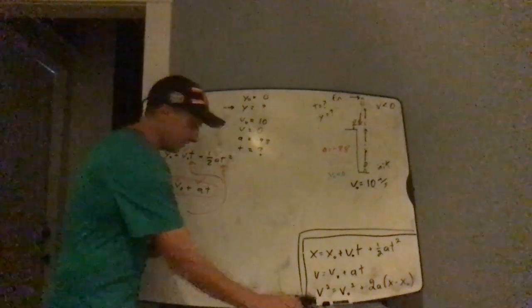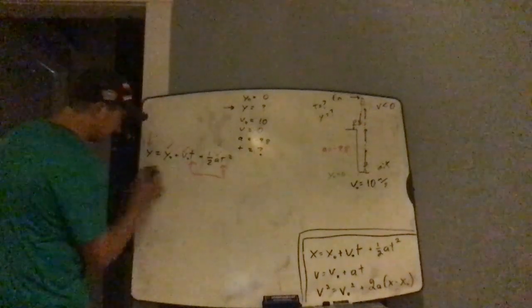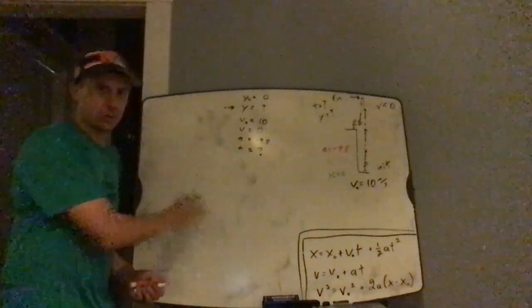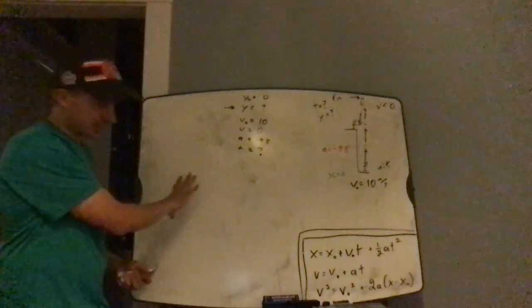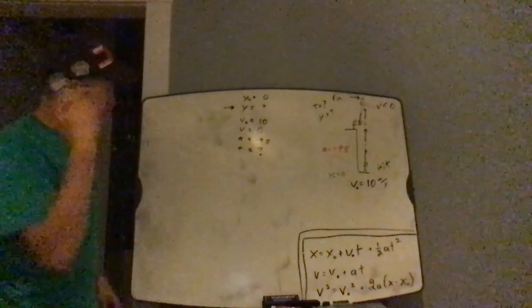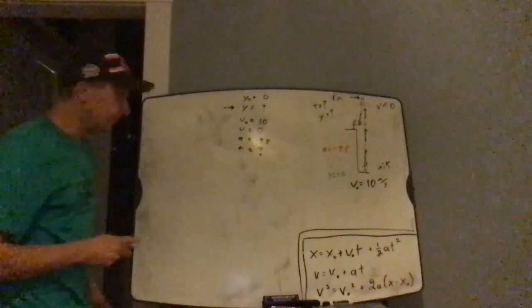Or, let's see what the third equation looks like. By the way, this method that I am outlining here would be perfectly acceptable on a quiz or exam or anything else you might see. So if you use it, that's fine.